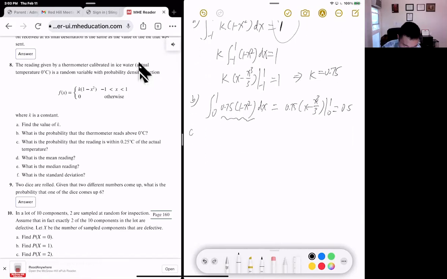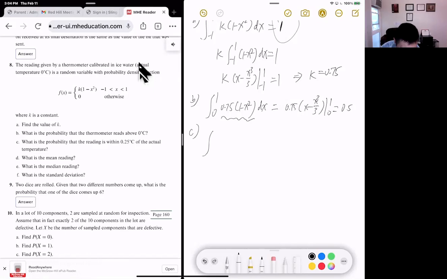C: what is the probability that the reading is within 0.25 degrees Celsius of the actual temperature? So within 0.25 degrees Celsius could be no more than plus 0.25 or no less than minus 0.25 degrees.